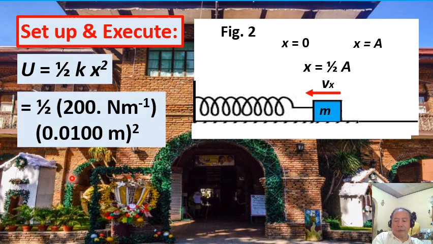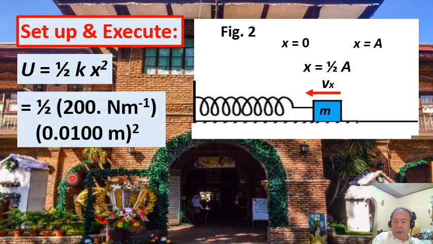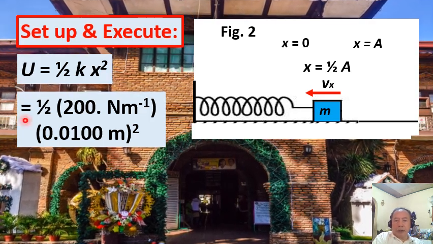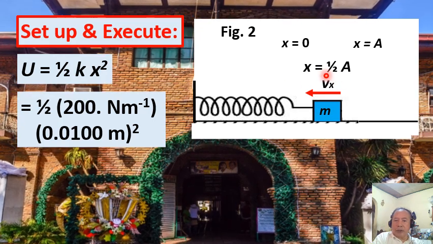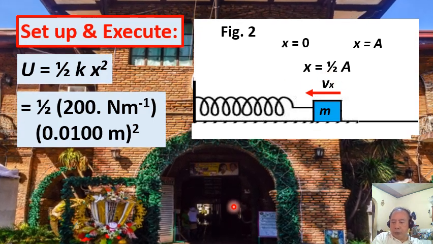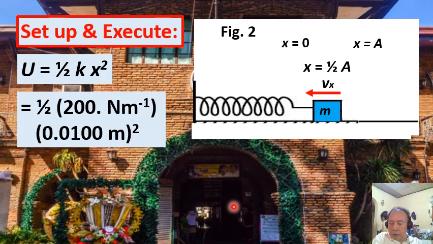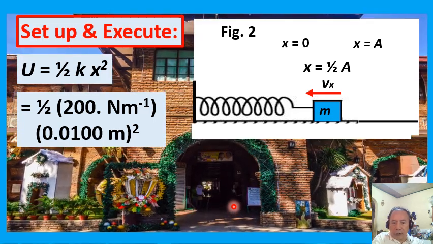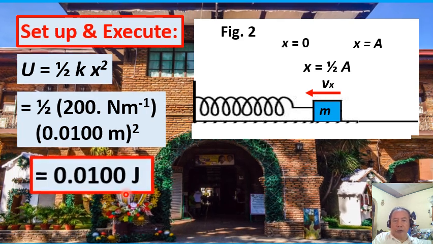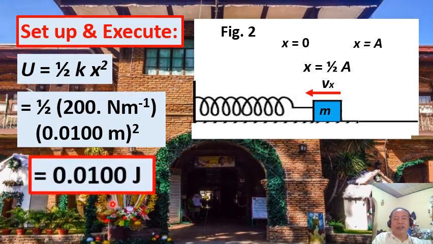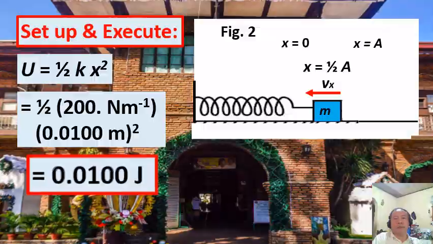So this also simplifies to the amount of the elastic potential energy at that position, U is equal to 0.0100 joules rounded to three significant figures.